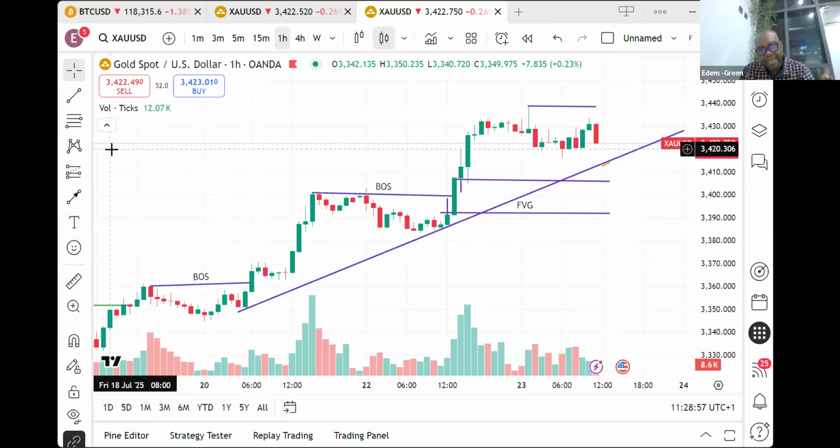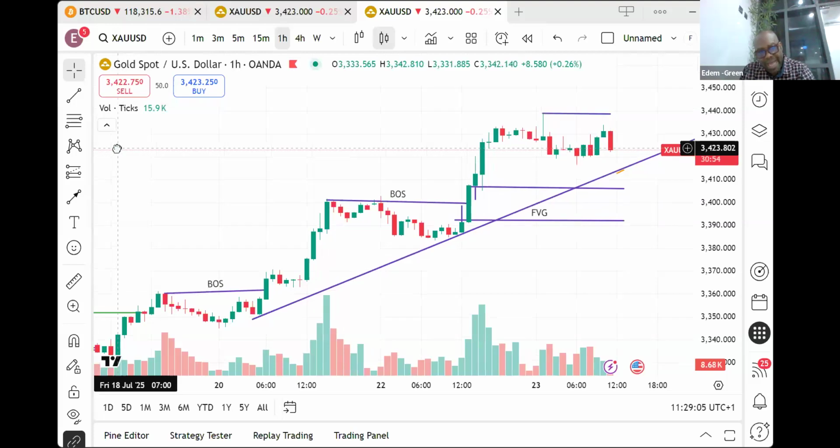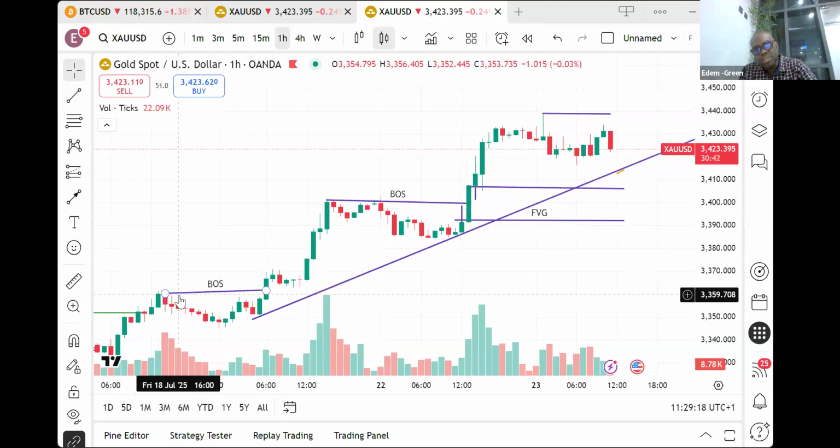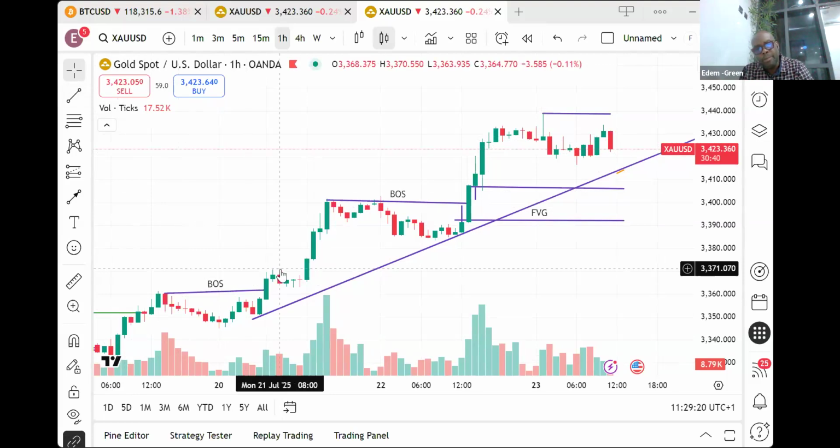Looking at the left-hand side of the chart, assuming it was a sell trend, the market was coming down. Look at where I'm trying to point with the arrow. Assuming the market was falling from this side where my cursor is, and then suddenly it began to come up.